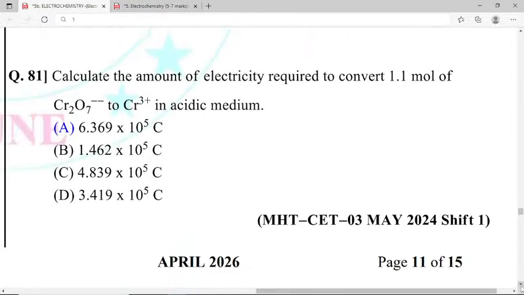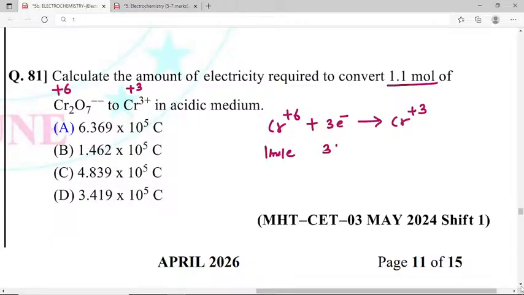Next, okay, same question. 1.1 mole Cr, so +6, and this is +3. So Cr +6 plus 3 electrons gives Cr +3. Okay. So 1 mole required 3 faradays.